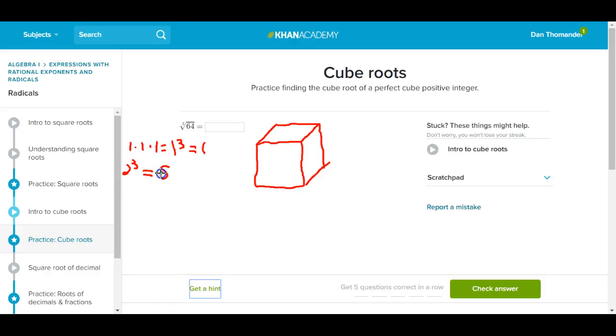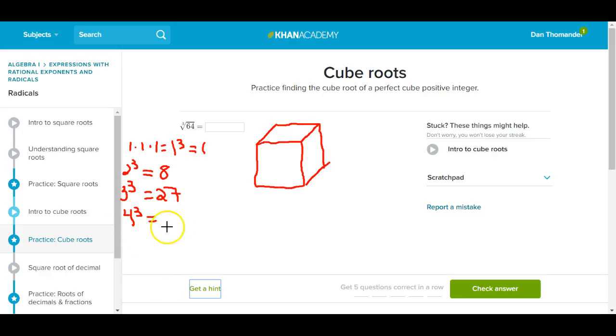So 2 cubed is 8. 3 cubed. 3 times 3 is 9, right? 9 times 3 is 27, so 3 cubed is 27. I think before I even did this exercise, I would just write all the cubes down and kind of start to recognize them. It's good for your brain to know what they are by practicing them a little bit.